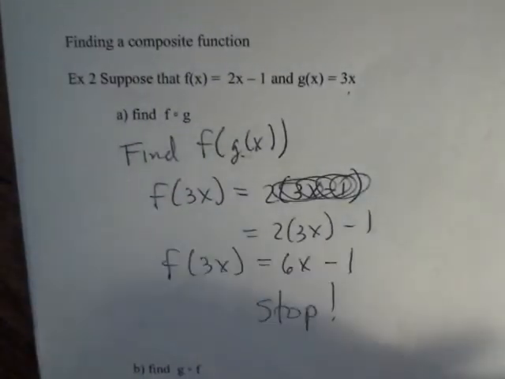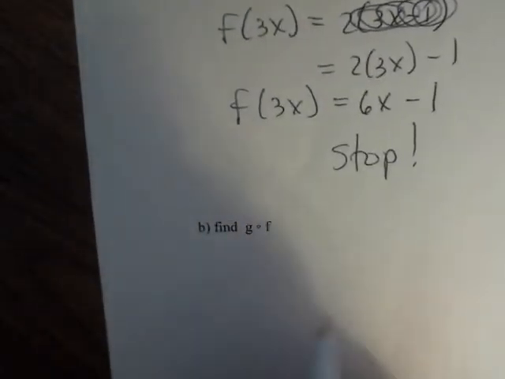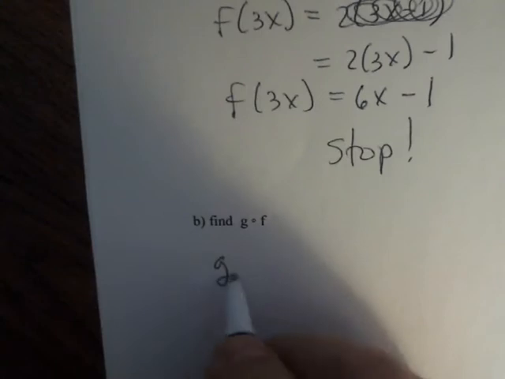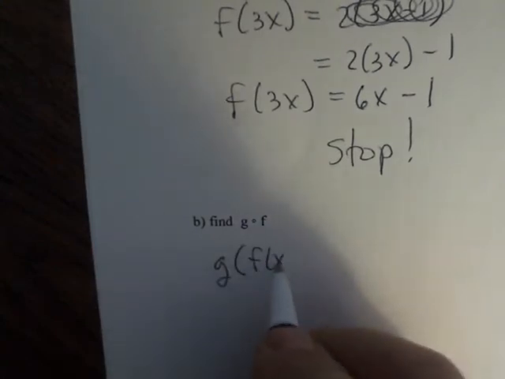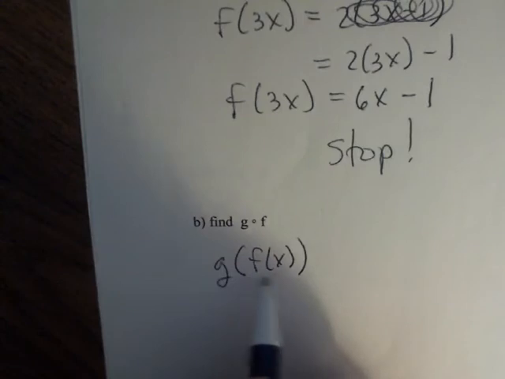Now let's compose it the other direction, where we are doing g composed with f. So I rewrite it showing it's a composition, g with f of x. So I'm going to put f of x into g.